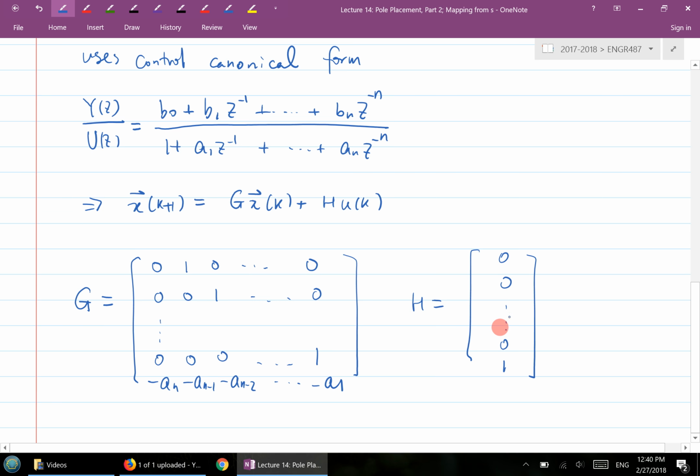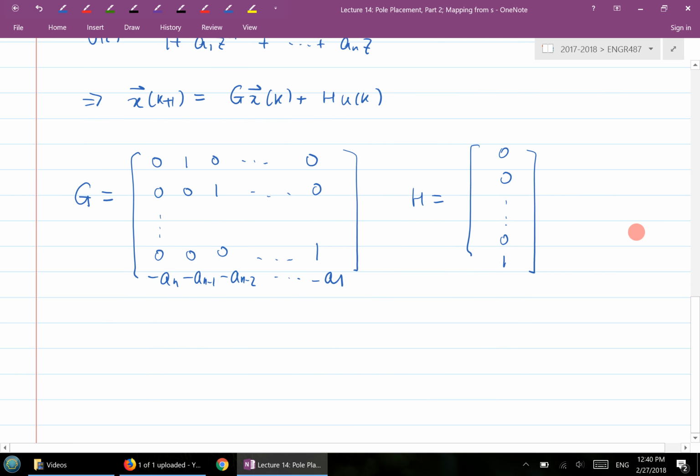The benefit of this format is, if we look at the system matrix G, the open loop, basically the original system's characteristic equation, right? That's how you get the characteristic equation: you use zI minus G and let the determinant go to 0.